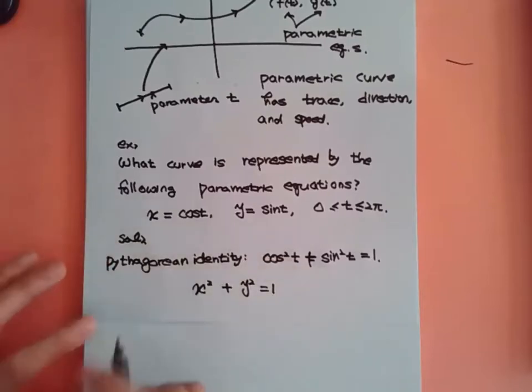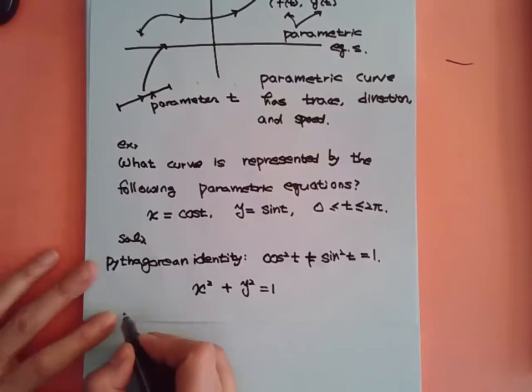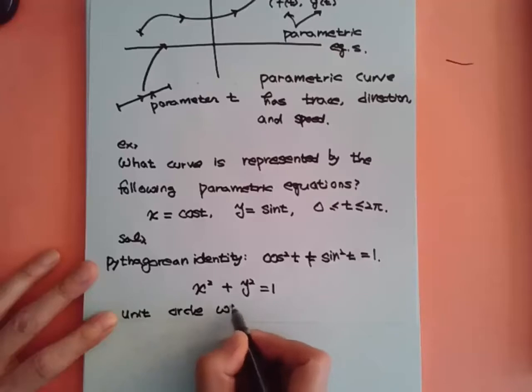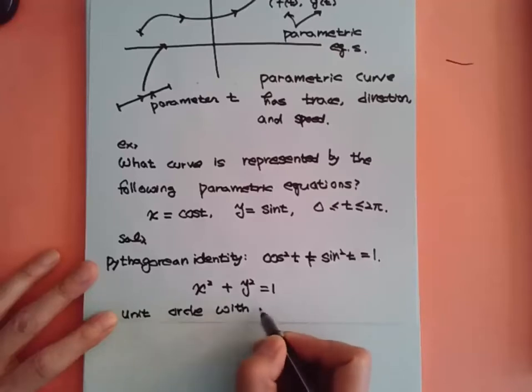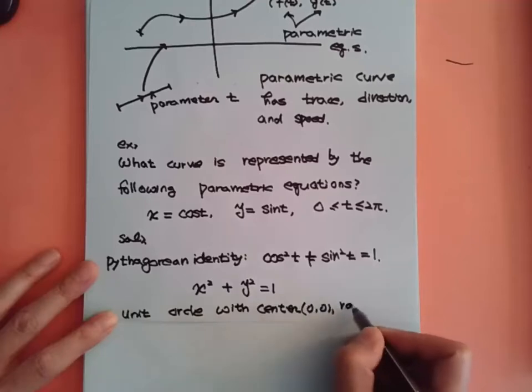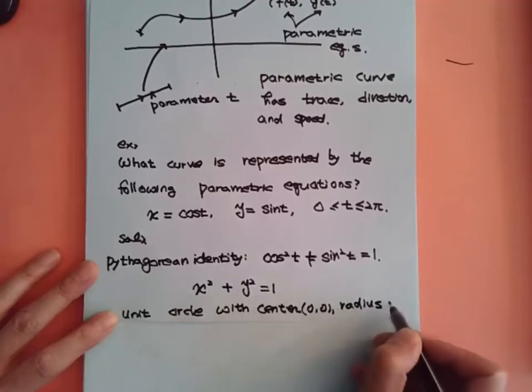What we realize is this is the equation of a unit circle with a center 0, 0, and radius 1.